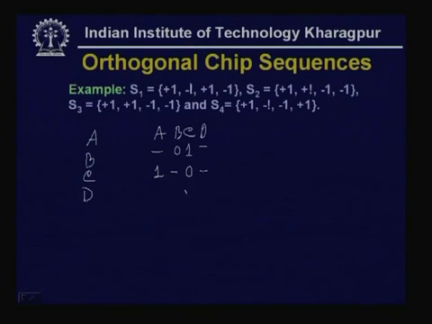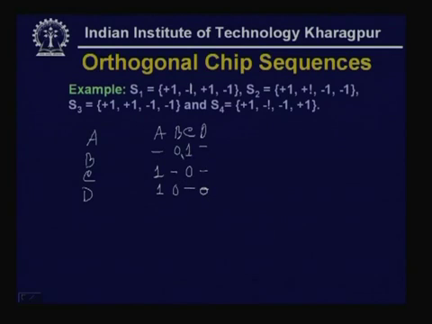Third example is C is not transmitting, A is transmitting 1, B is transmitting 0, and D is not transmitting. Now what will be the composite signal in the 4 cases?